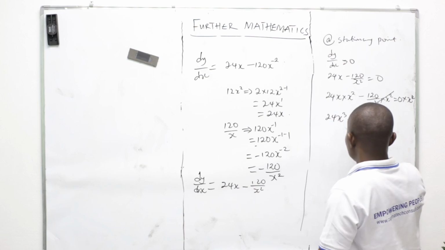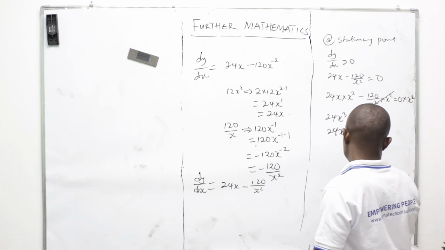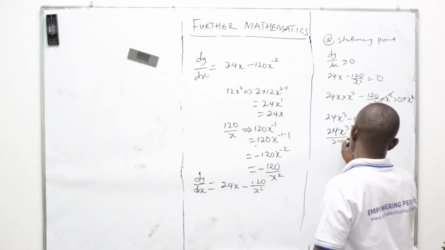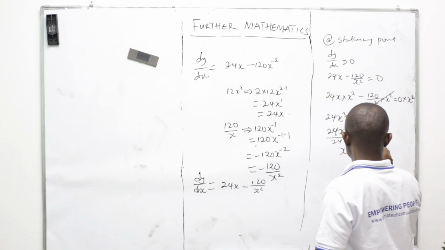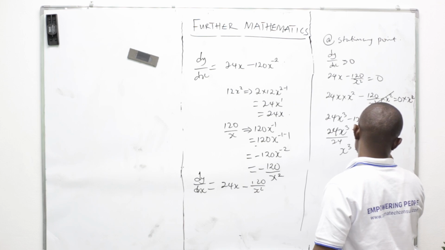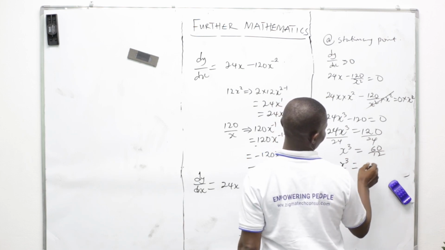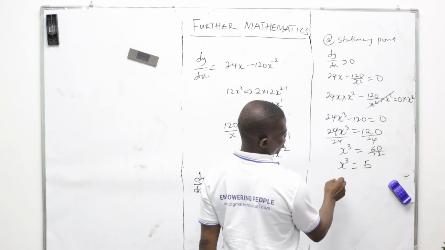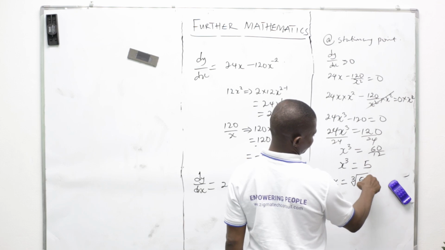Okay? Now, 24x cubed equals 120. Dividing through by 24, x cubed equals 2 here 60, 2 here 12, 60 all over 12. Then x cubed equals 5. x equals cube root of 5.